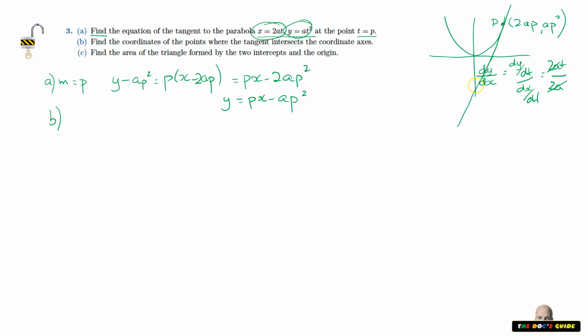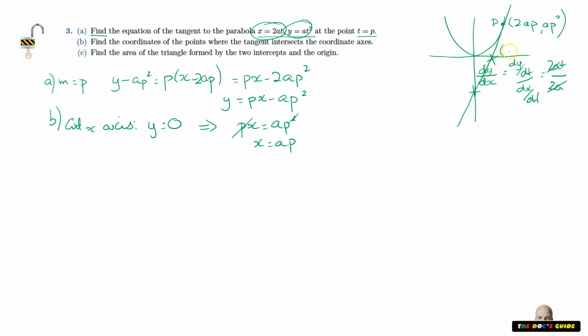So make sure that we're reading the question carefully. We want this point and this point. So it cuts the x-axis when y equals 0, which will happen when px equals ap squared. So one of these p's will cancel, so when x equals ap.